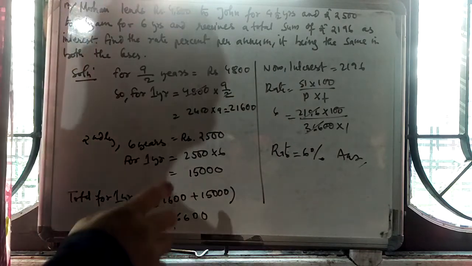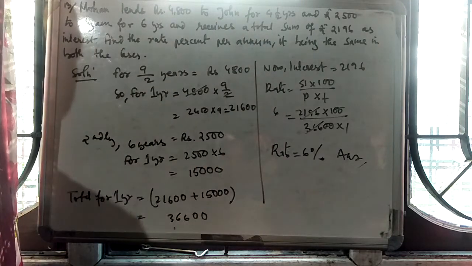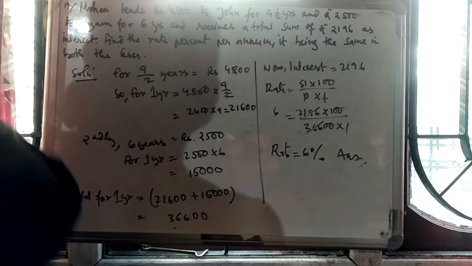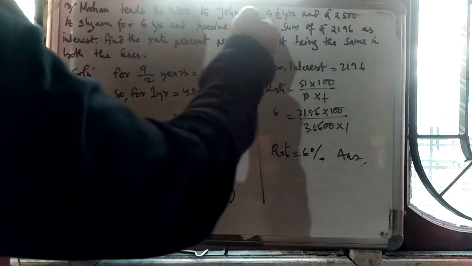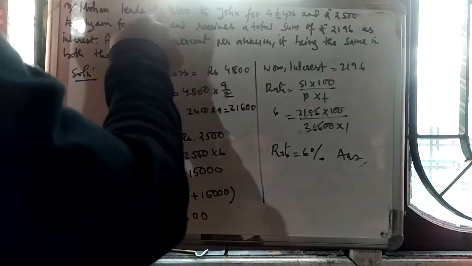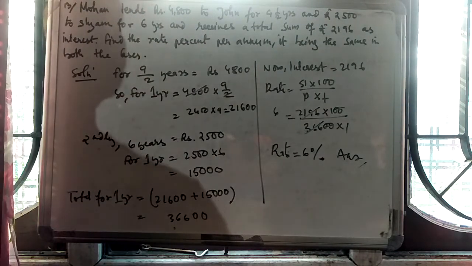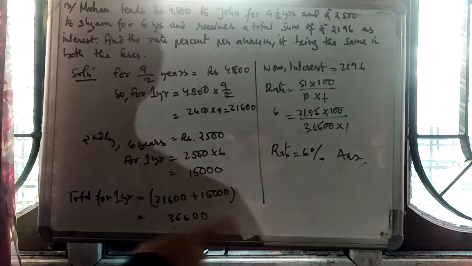So whatever the rate is, it will be the same for John and for Shyam, since the time is given as 4.5 years for one and 6 years for the other. Mohan lent 4,800 to John and 2,500 to Shyam, and got a total interest of 2196.